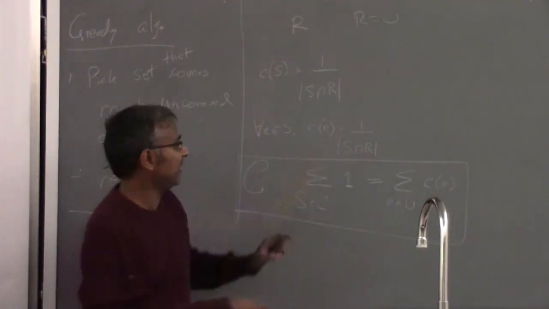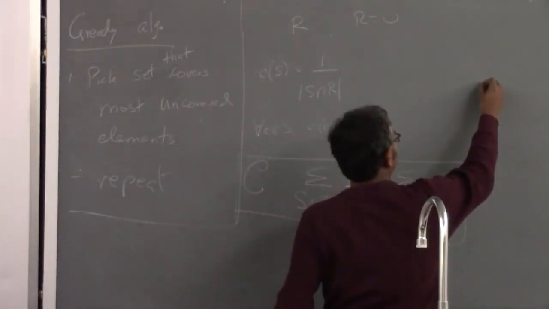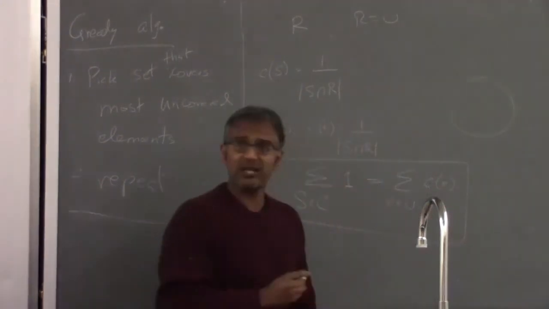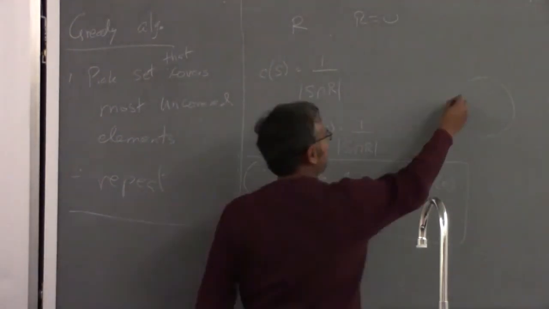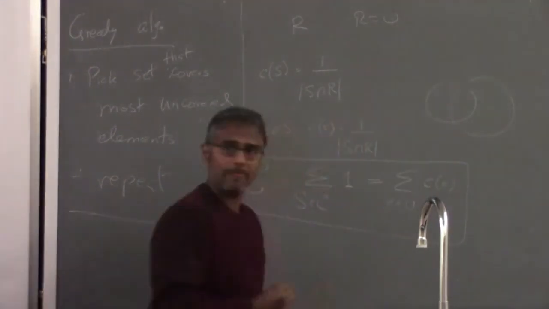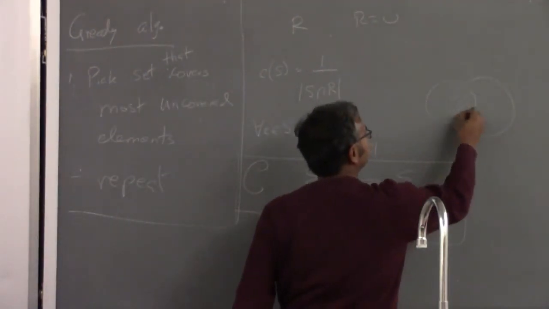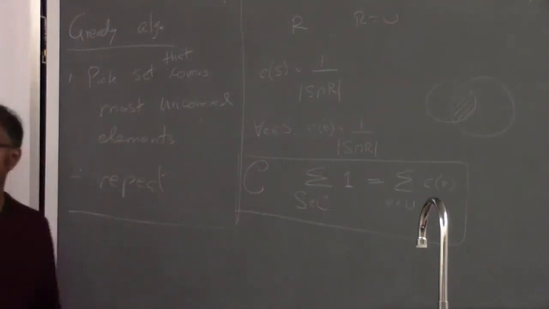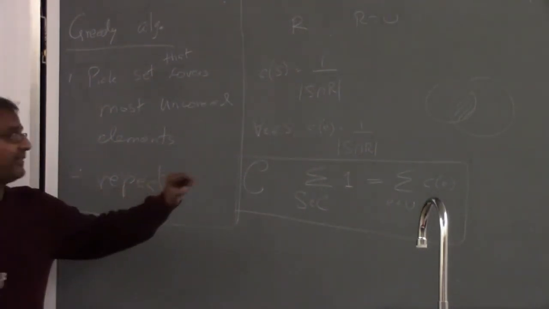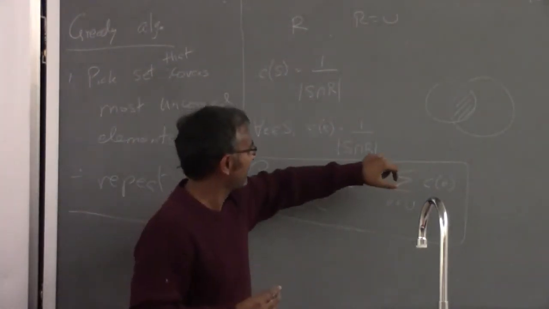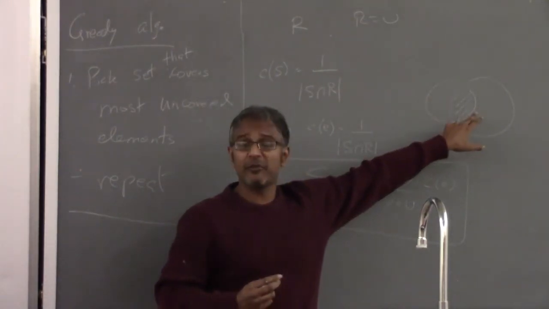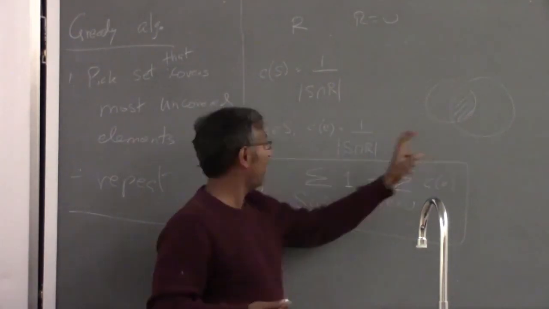So think of S and R. R is the set of elements that remain uncovered at any point in time, and this is my set S. None of these elements in the intersection have been covered before. That's why I'm using this set to cover them, so they all get this label.